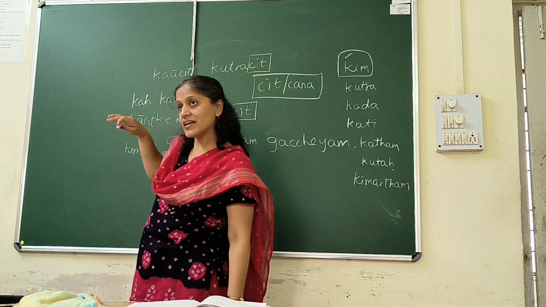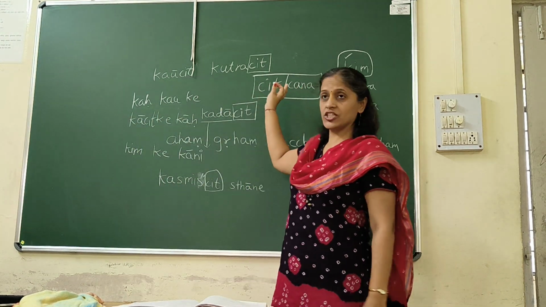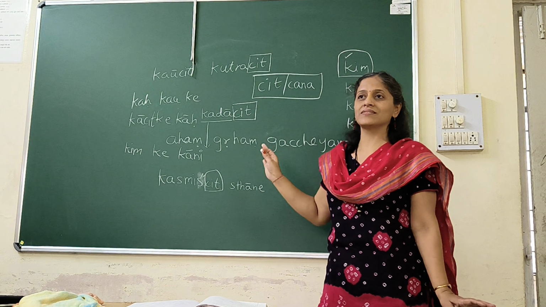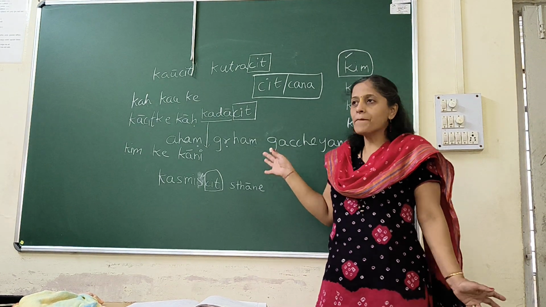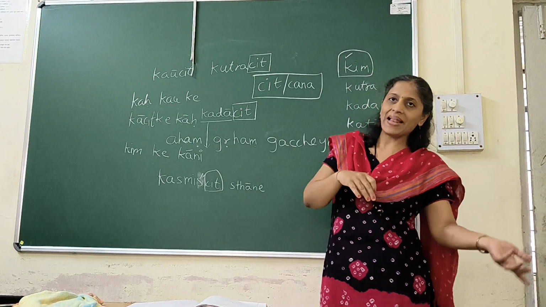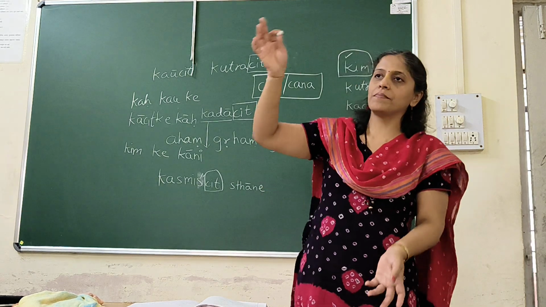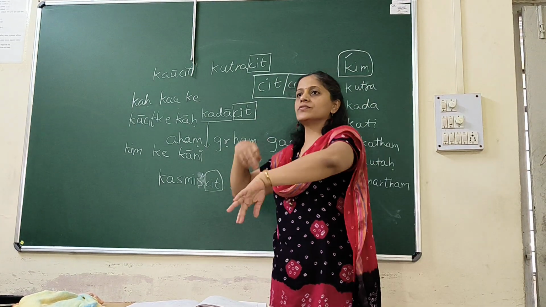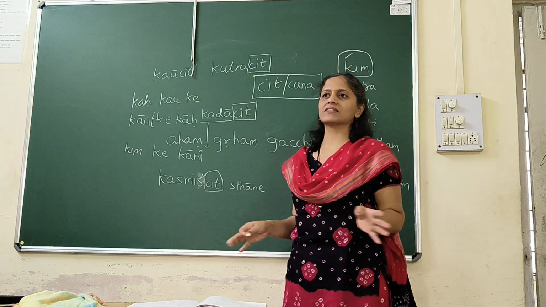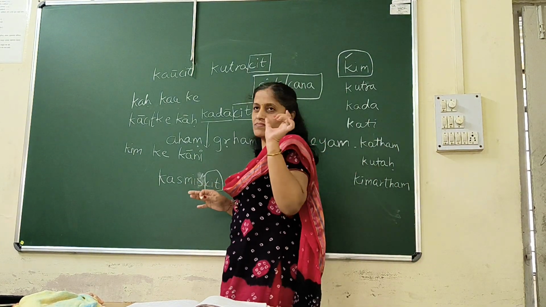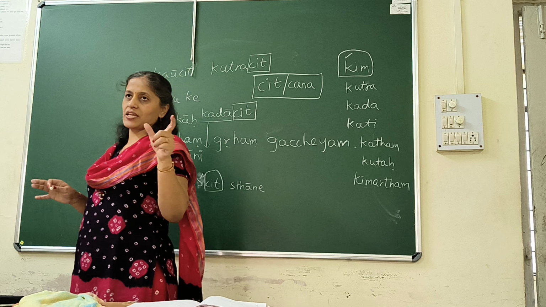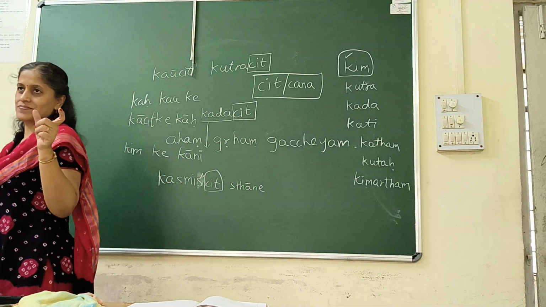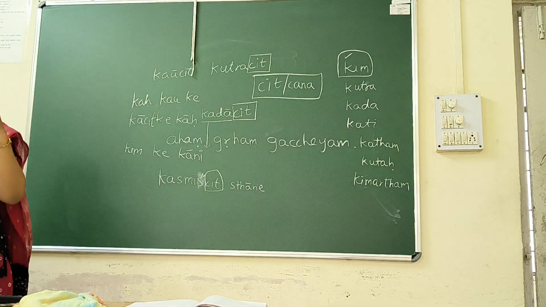But when I add chit or chana, I get the meaning of some. Some male, some female, some in neuter, somewhere, to someone, from somewhere. All these meanings I get, indefinite meaning, some meaning, by adding chit and chana.